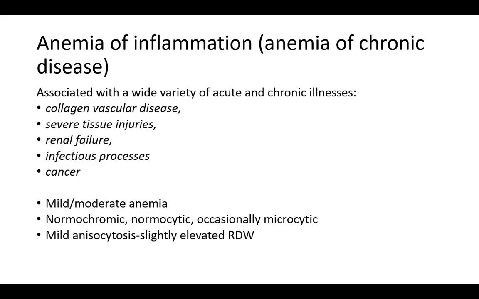Usually they have mild to moderate anemia, not very severe, and usually it is normochromic, normocytic anemia. In some cases, you may have microcytic anemia as well. You may see mild anisocytosis, showing as increased RDW, red cell distribution width, in those patients.